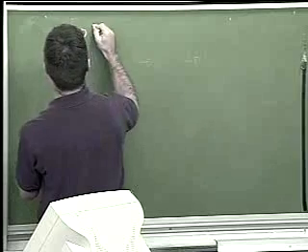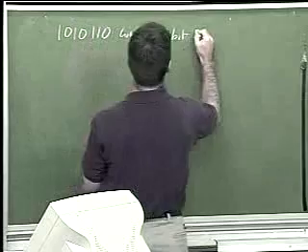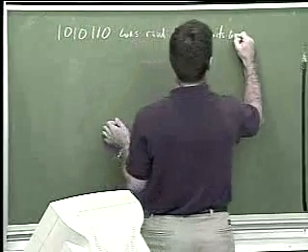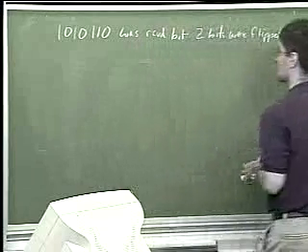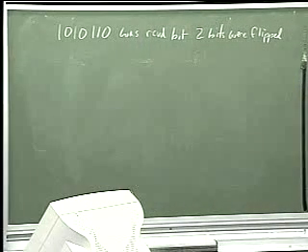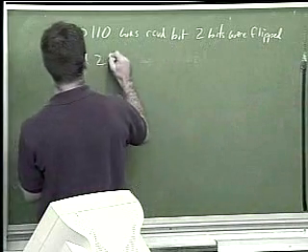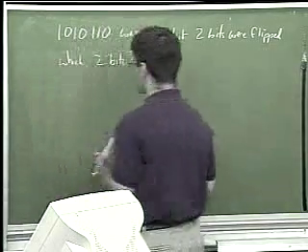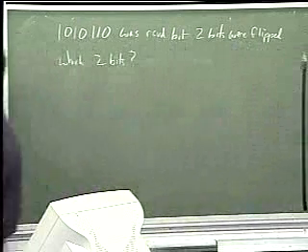Suppose I tell you 1, 0, 1, 0, 1, 1, 0 was received, but 2 bits were flipped. Okay, which 2 bits? You can't say for sure because it's a Hamming code with distance 3. But we can figure out what are the possible combinations.